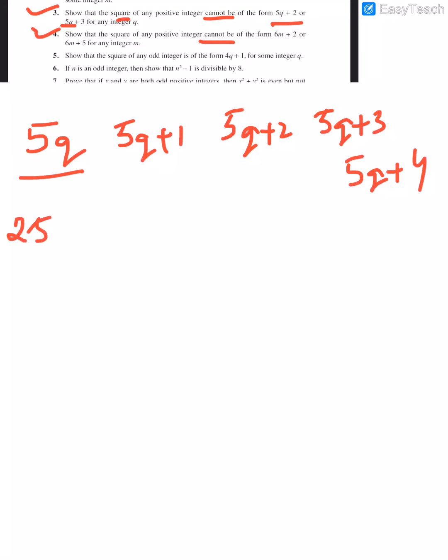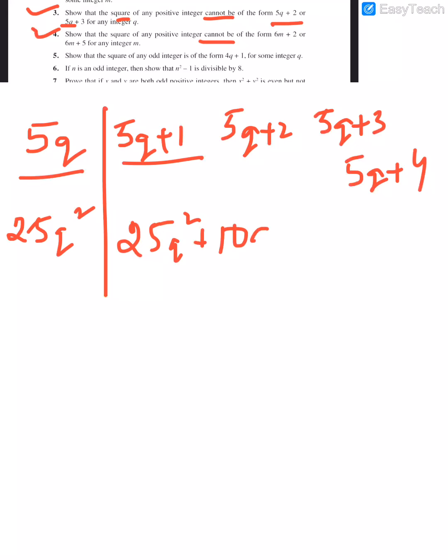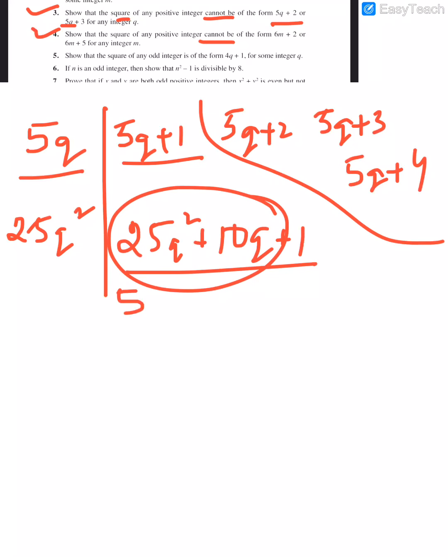This one is 25q square. This one is a plus b whole square, a square plus 2ab plus b square, 2 fives are 10q plus b square. So here if you take 5 common, 5 into 5q square plus 2q plus 1.